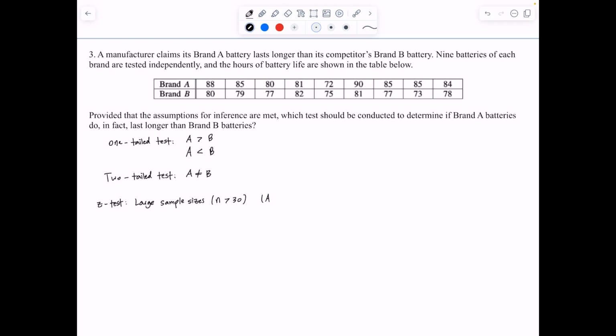So it assumes according to the central limit theorem.